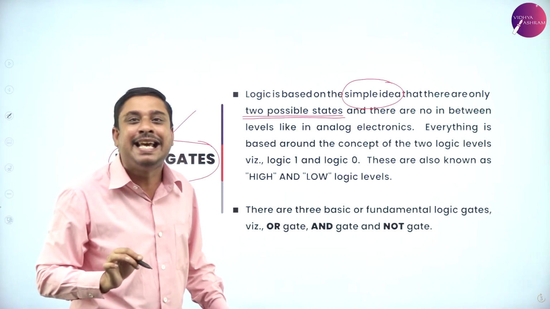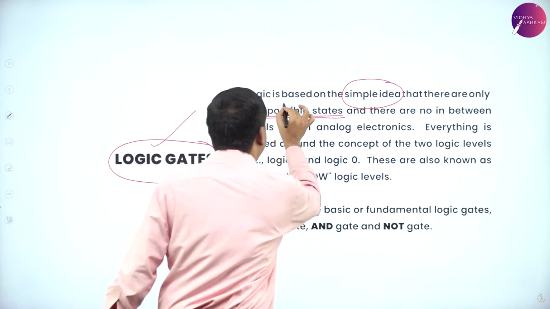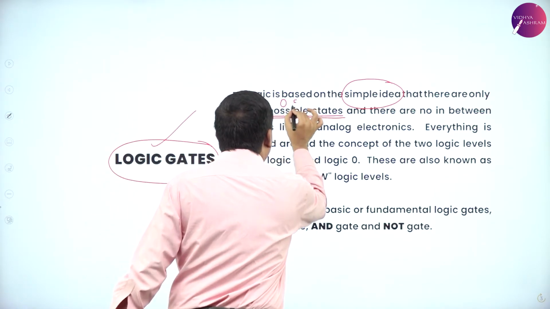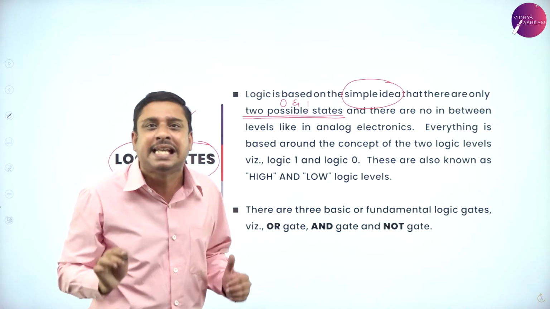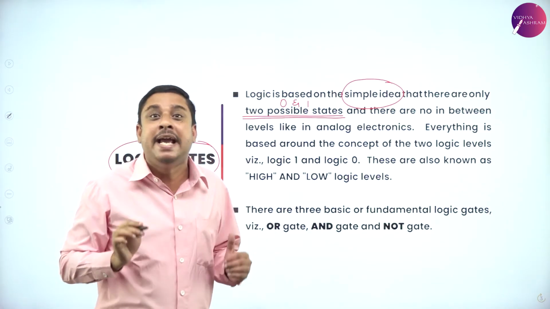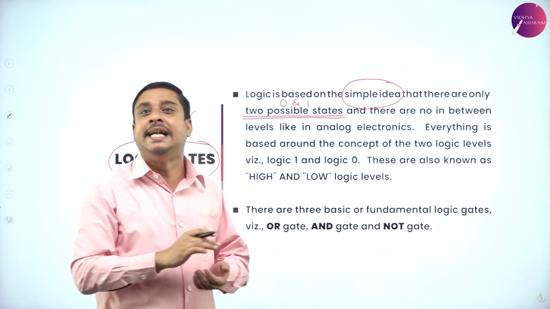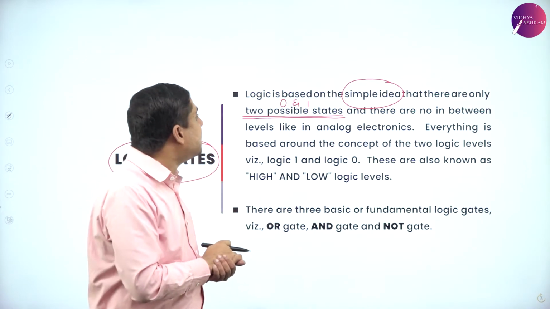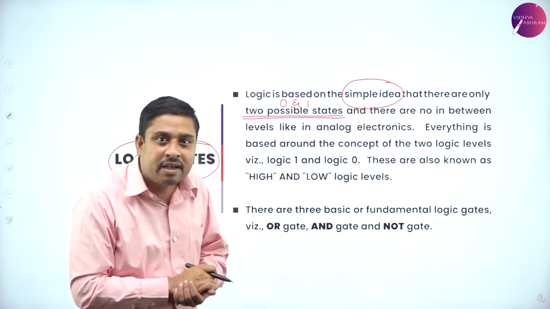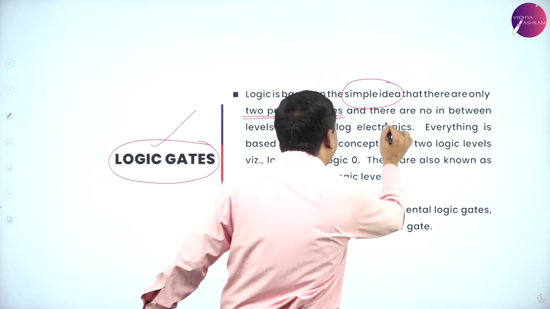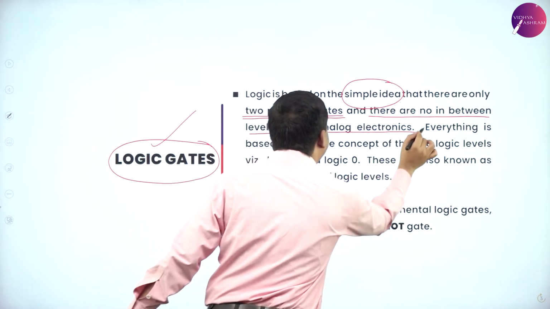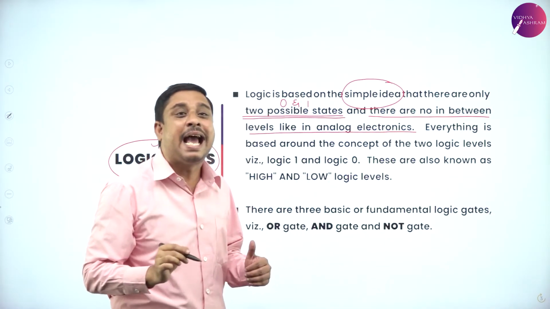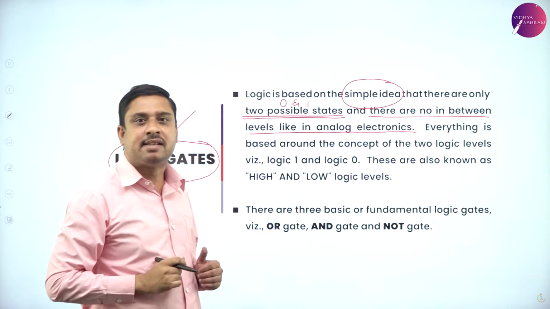As I said, 0 and 1. So, only two possible states, binary states in digital electronics, 0 and 1. And there cannot be any in-between levels like analog electronics.